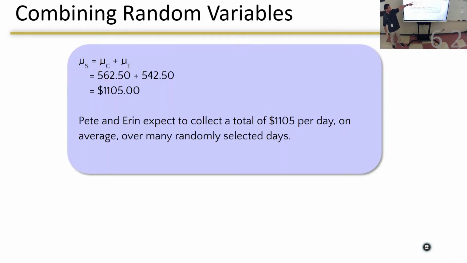Mu sub S is equal to mu sub C plus mu sub E, 562.50 plus 542.50. Show your work, guys, show that mathematical operation. I have seen AP give students credit even with a wrong number right there, because they know what to do. But if you just have the answer down here naked, they may not give you credit. Pete and Erin expect to collect a total of $1105 per day on average over many randomly selected days.